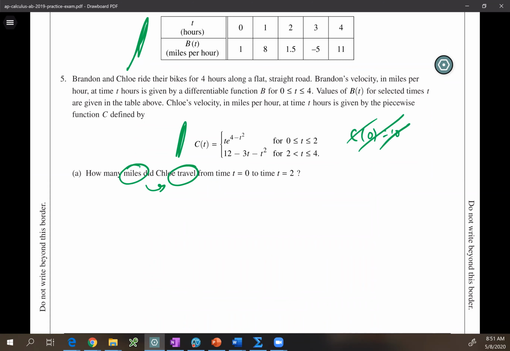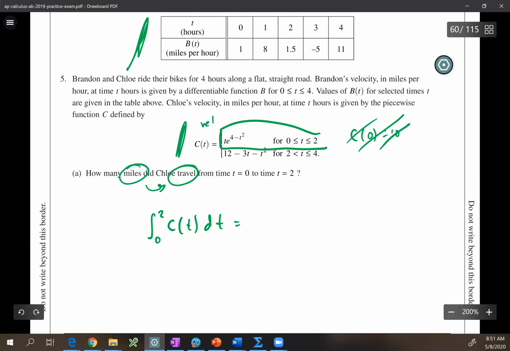So to get from velocity to change in position, it's just the integral from 0 to 2 of c of t dt. And in this case, 0 to 2 is just fully the top.